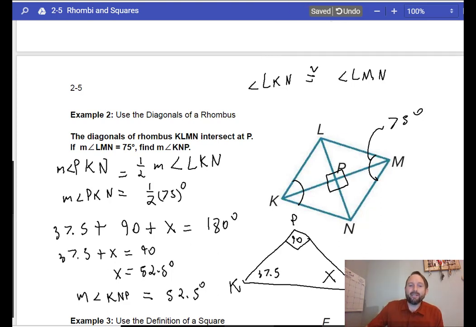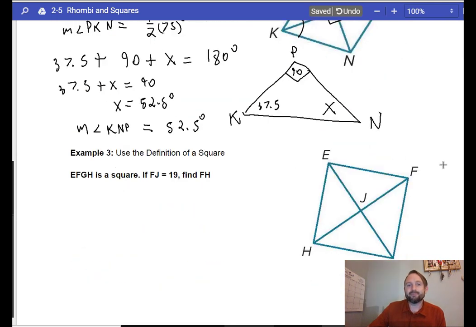Example 3, use the definition of a square. EFGH is a square. If FJ is equal to 19, find FH. All right, so I know that the diagonals bisect each other, so JH is equal to 19.